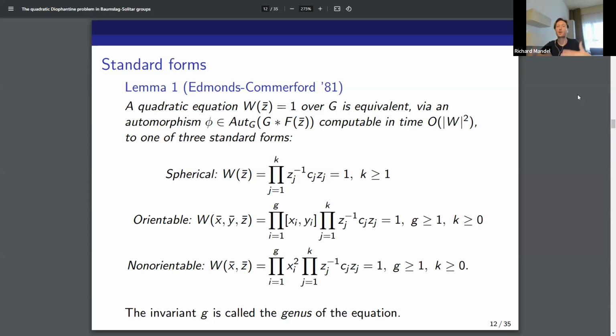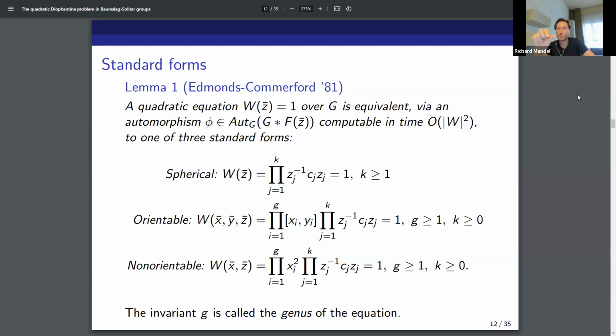Transforming the equation means obtaining an equivalent equation, and that simply means applying some automorphism which fixes the constants, an automorphism of the free product of the group and the free group on the variables.